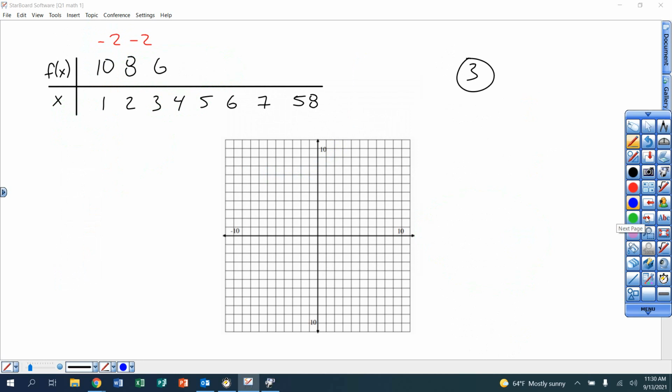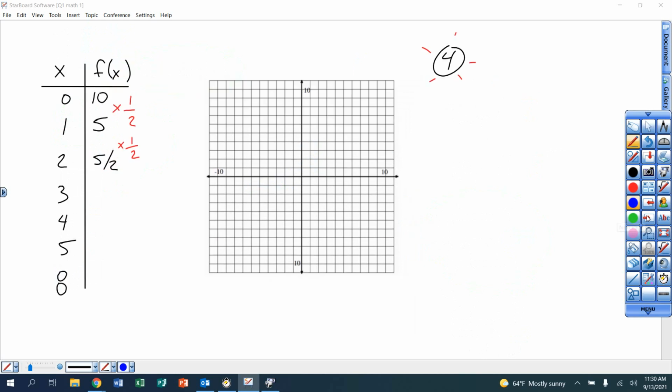All right, we're going to skip ahead to this one right here. Number 4, and the last word. All right, this is geometric, timesing by a half because I'm dividing by 2. So if I take 5 halves times 1/2, remember, straight across gives me 5/4, times another half gives me 5/8.